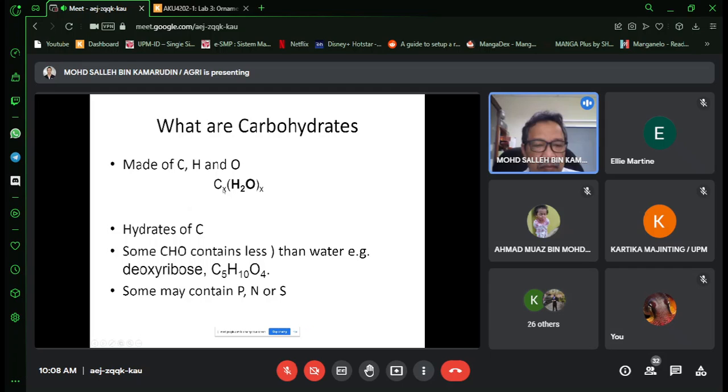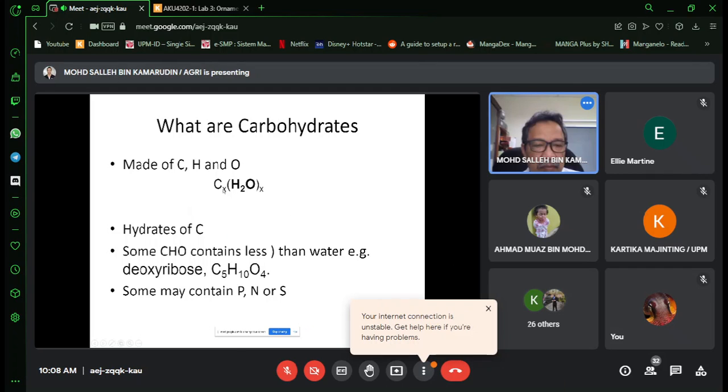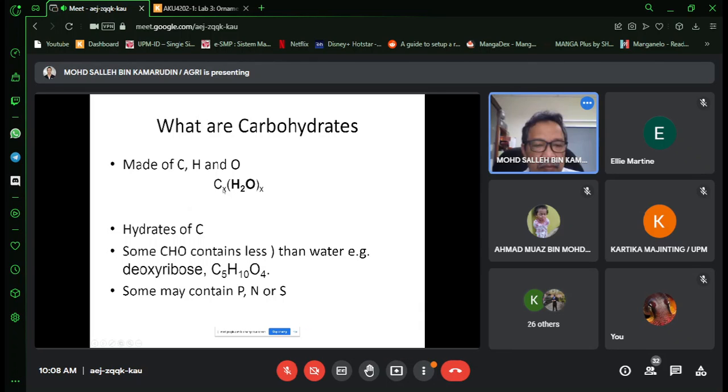Some contain less water, like the ribose. But some may also contain phosphorus, nitrogen, and sulfur, which might also be linked to the carbohydrate.